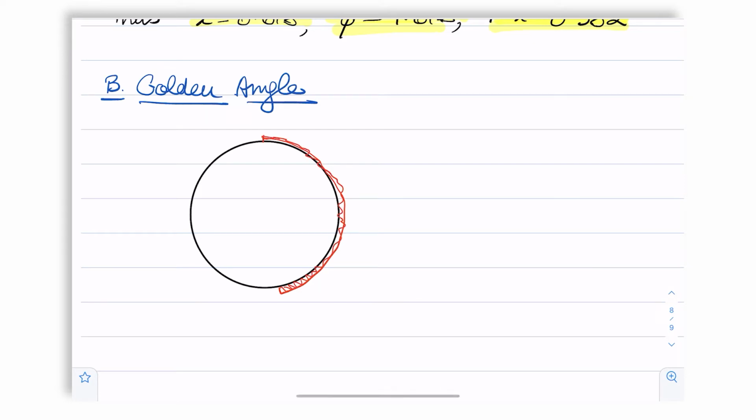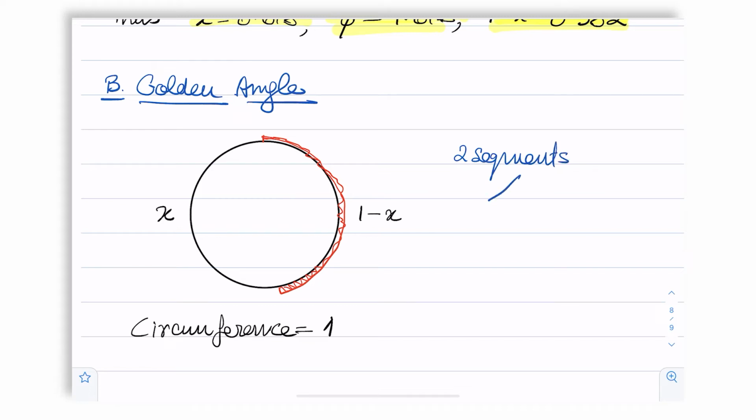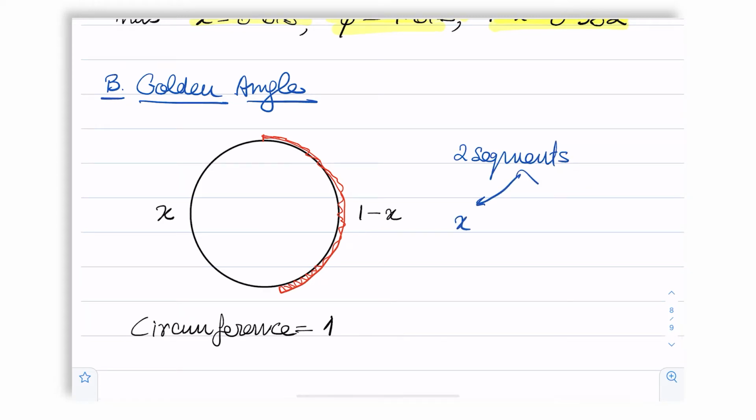This segment and the other segment. The other segment we call x, the longer one, and 1 minus x, that's the shorter one. The circumference is 1. That's the working assumption. The lengths, therefore, of the two segments are indeed x and 1 minus x.